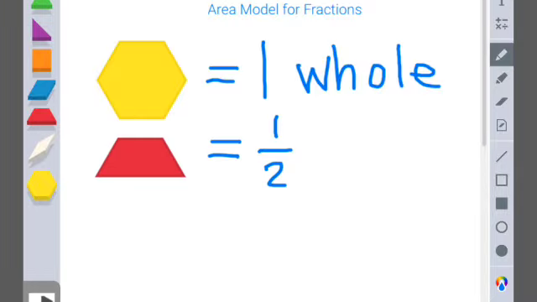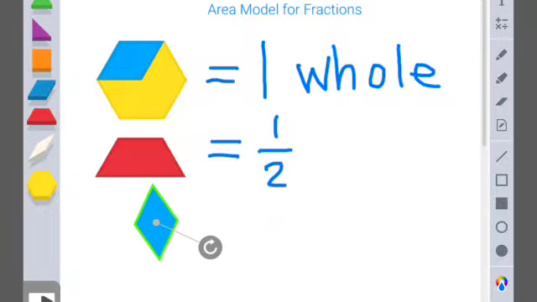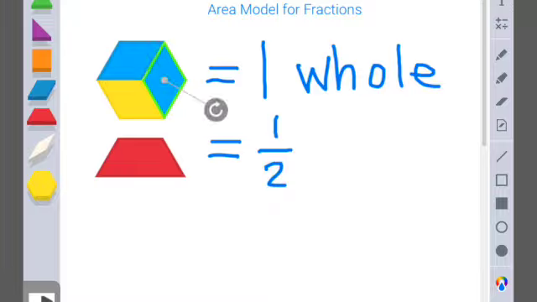Next, we can also think about the blue rhombus. Again, I want to know the value of the blue rhombus based on the yellow hexagon equaling one whole. So I can overlap my blue rhombus with the whole and see how many pieces it takes to make one whole.